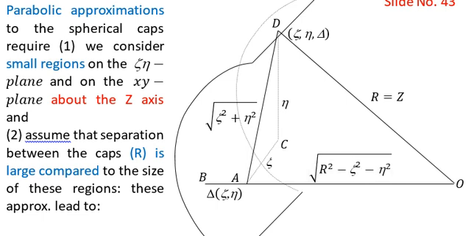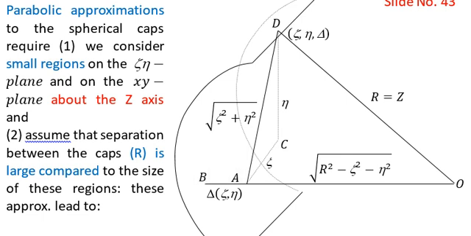Because one side is r, equal to z, the other side is the square root of zeta square plus eta square, and the third side OA can be computed using the Pythagoras theorem, which is equal to the square root of r square minus zeta square minus eta square. So we have calculated OA, and we know the value of OB, which is equal to capital R. So we can find out from B to A.